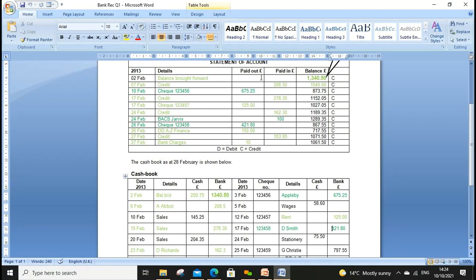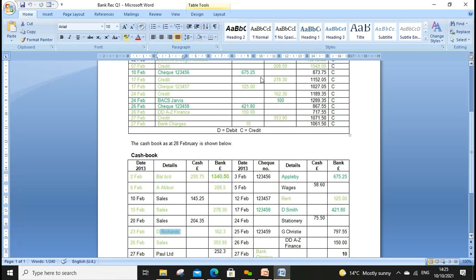Then we have £125 money out, check number 1, 2. That's where we paid rent. Then on the credit side of the cash book, the bank credited 162. Why was 162 credited? Because it is paid as money in the bank, by auto direct debit or bank transfer clearance.